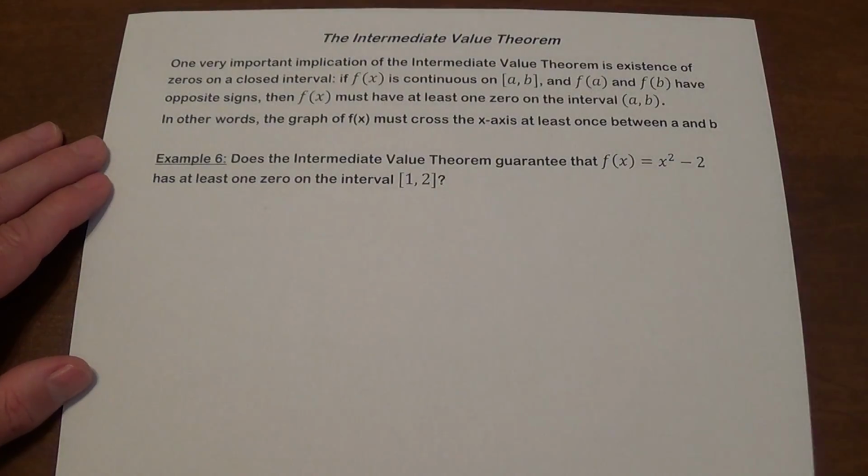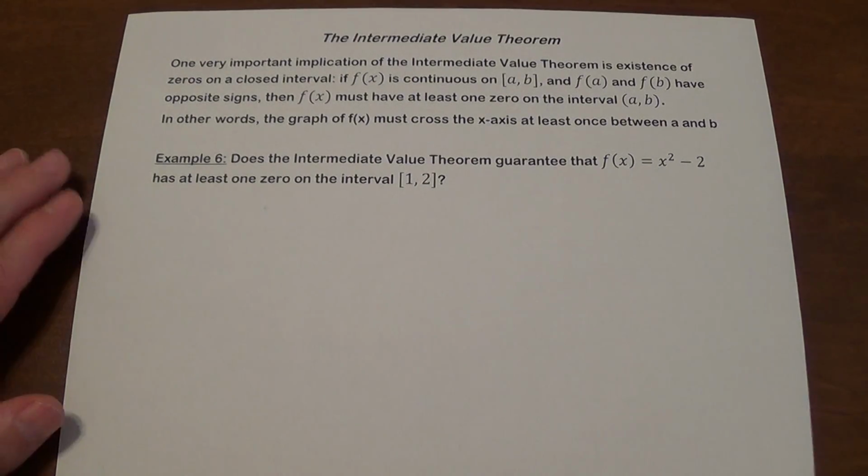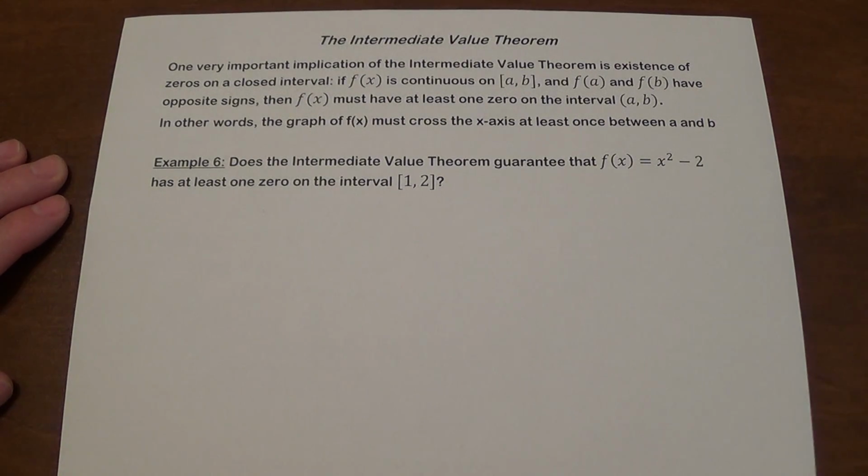Right, last thing that I want to show you here, there's a very important implication of the intermediate value theorem when it comes to finding zeros of a function in a closed interval. If you have a continuous function and the values of the function at the endpoints have opposite signs, so positive on one side, negative on the other side, or vice versa, then you're guaranteed it's going to have at least 1 zero on that interval.